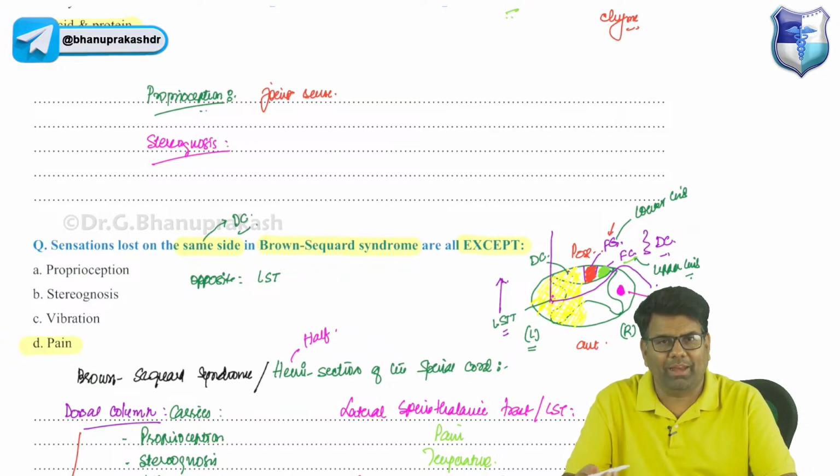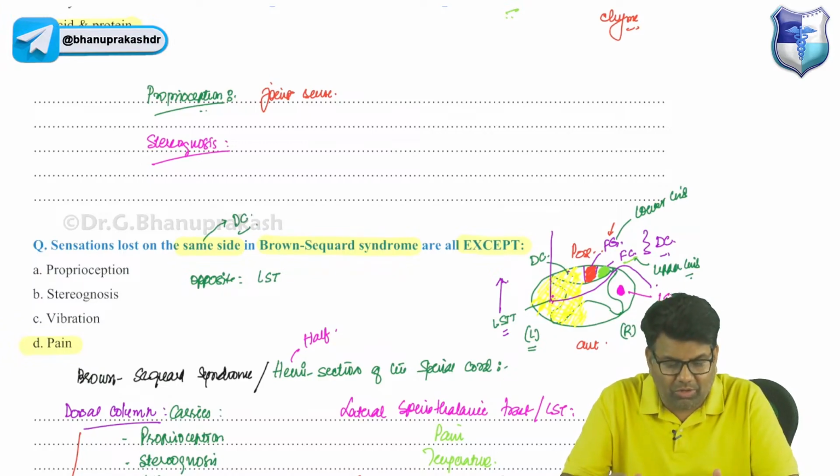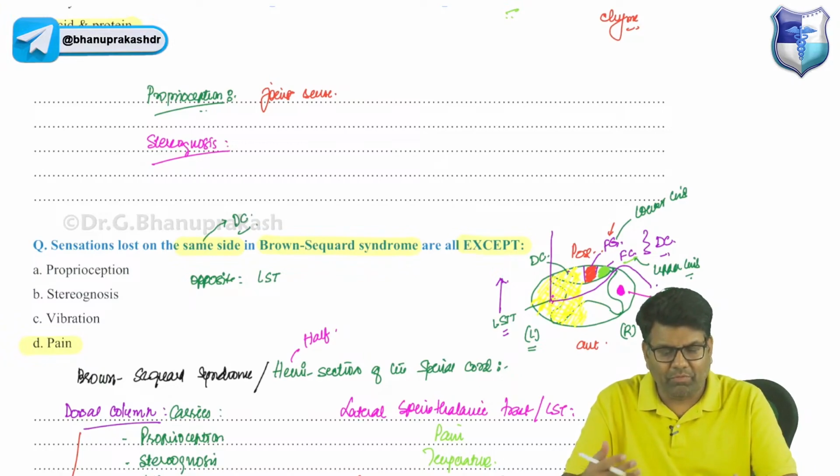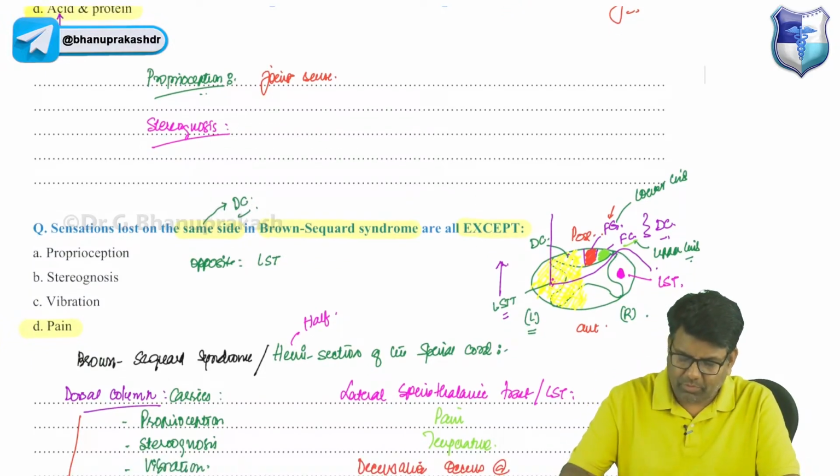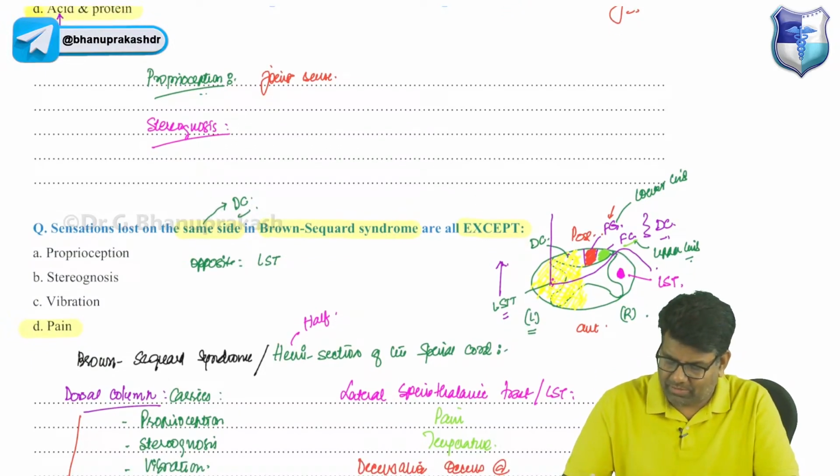Suppose I give a pen, I can simply roll it between my fingers, and by the touch only I can say that this is a pen. So that is known as stereognosis. Yes, identifying an object without any auditory or visual hints. Right? So proprioception and stereognosis.